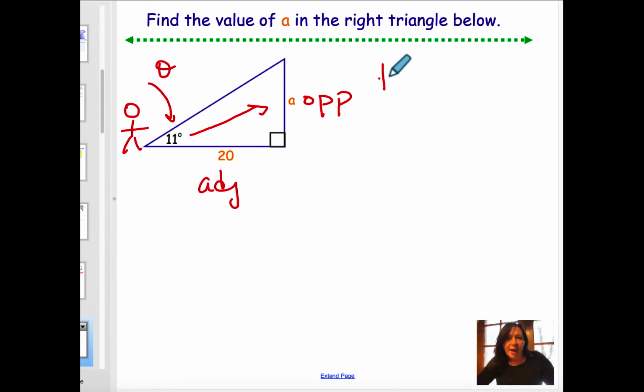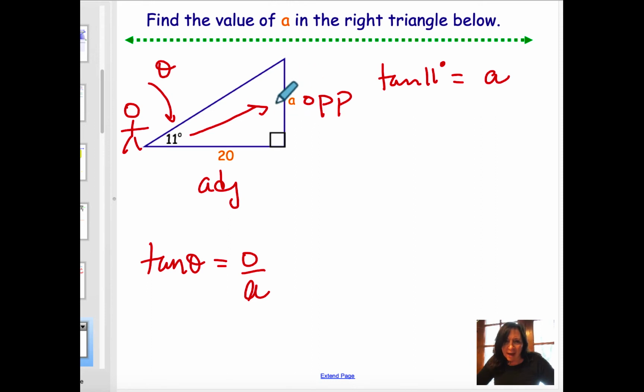So tangent of 11 degrees is equal to the opposite side. Remember, the ratio is tangent of theta equals the opposite side over the adjacent side.